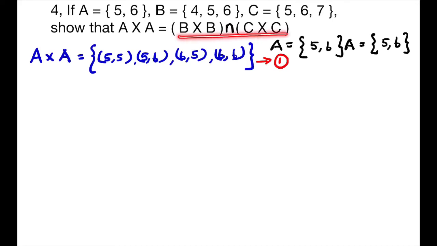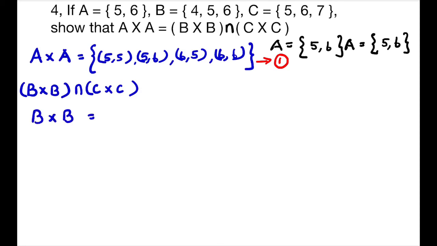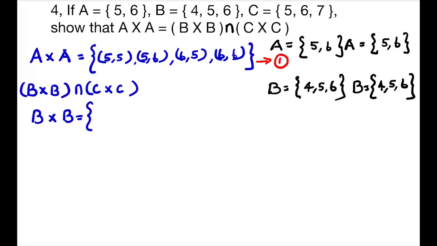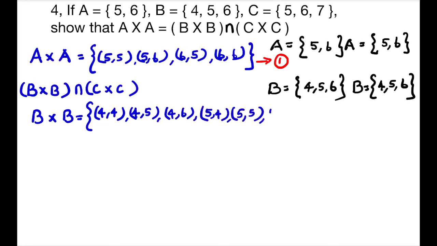Now let us find B cross B intersection C cross C. B cross B is equal to the set of all ordered pairs (4, 4), (4, 5), (4, 6), (5, 4), (5, 5), (5, 6), (6, 4), (6, 5), (6, 6).